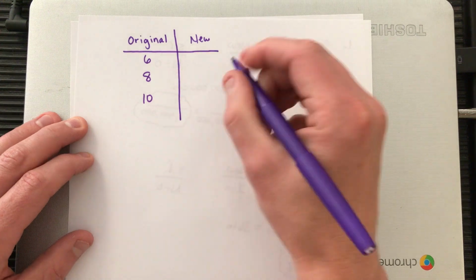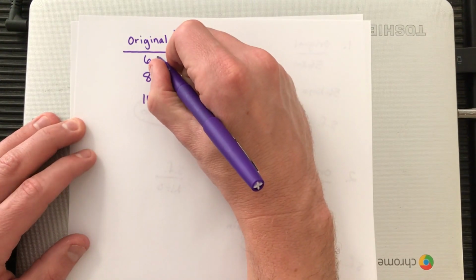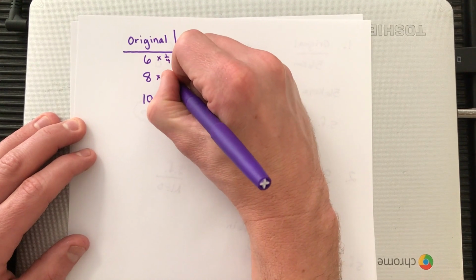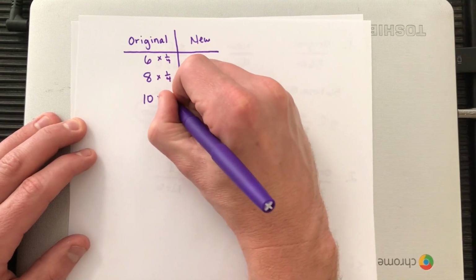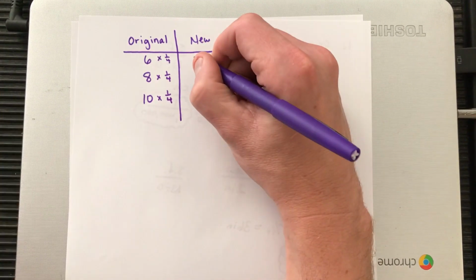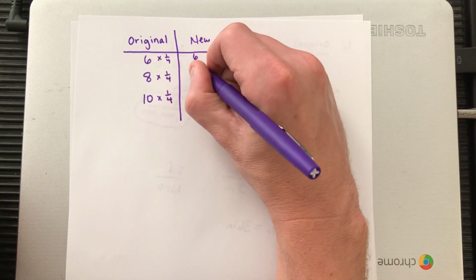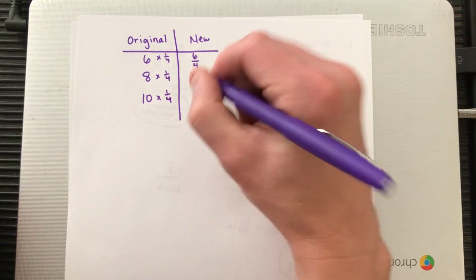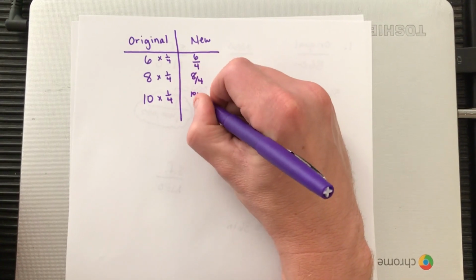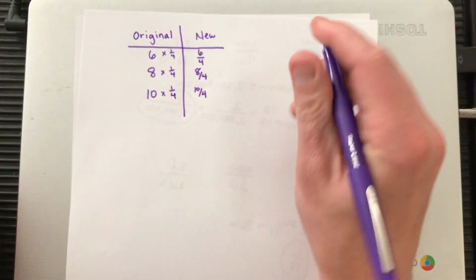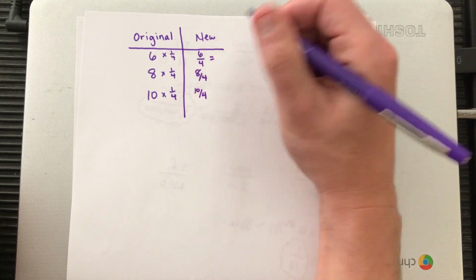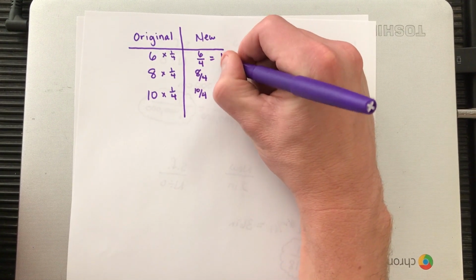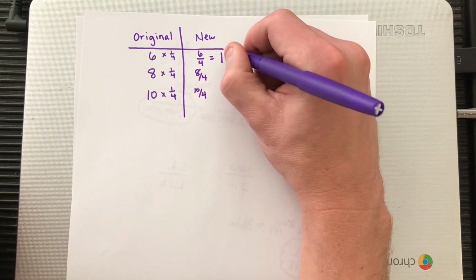And we're going to multiply each one of these by our scale factor. So we're going to do times 1/4, times 1/4, times 1/4. And so this is 6/4, this is 8/4, and this is 10/4. That's kind of hard to do on a ruler though, so maybe we could put these into mixed numbers just so it's easier to see. So this would be 1 and 2/4 left over, which is a half.